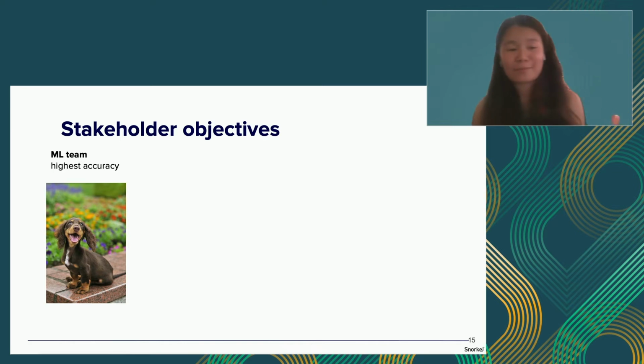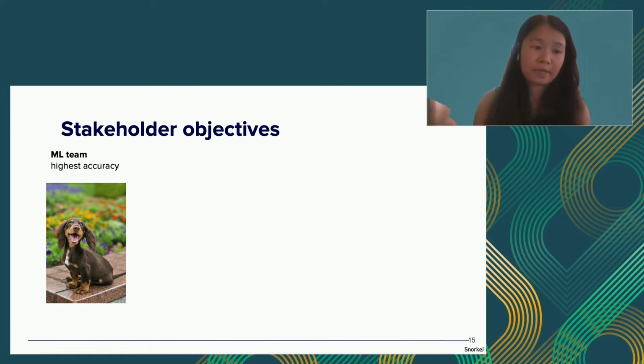Here are a few examples of what objective each stakeholder might have. Consider a big team, and a smaller team within it, which is the ML team. The engineers might be very excited to build a machine learning model that achieves the highest accuracy possible.